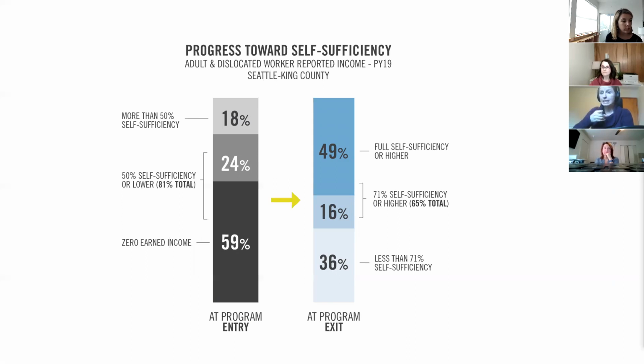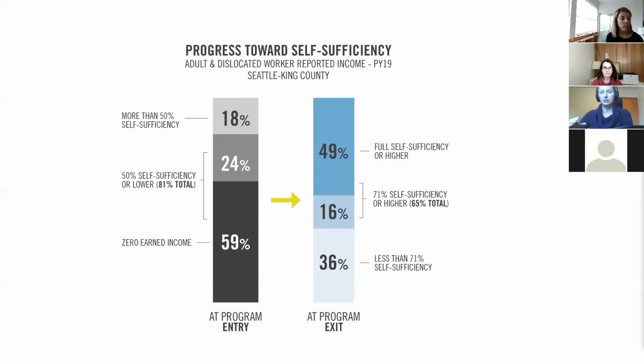And then what you can see on the right-hand side is the progress and where that participant was at program exit. So you see that 36% of those that exited the program were at less than 71% self-sufficiency. Now, we saw the wages, and so even though someone is not quite at that self-sufficiency range, I want to point out that there's a dramatic increase there.